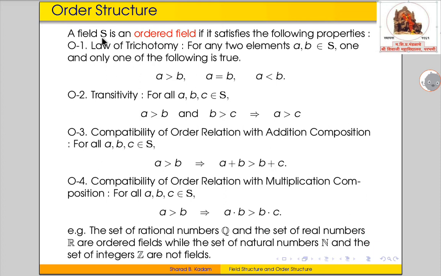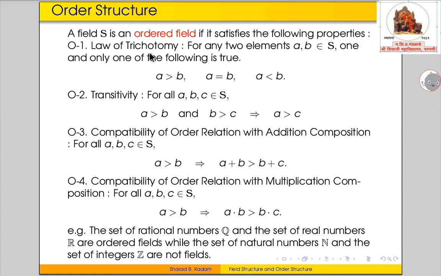A field S is an ordered field if it satisfies the following properties. The first property is the law of trichotomy, and it states that for any two elements a and b in the set S, exactly one of the following is true: either a is greater than b, or a equals b, or a is less than b.